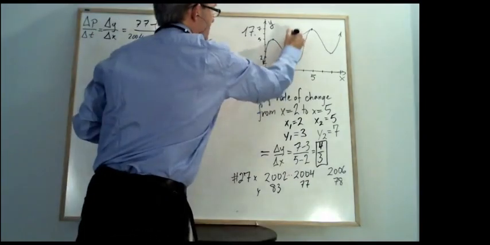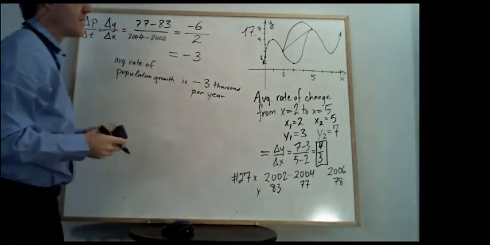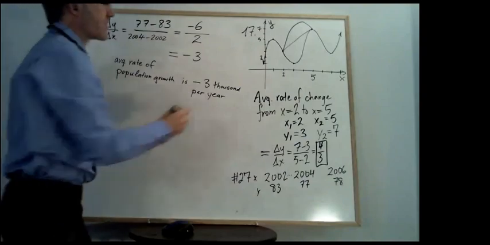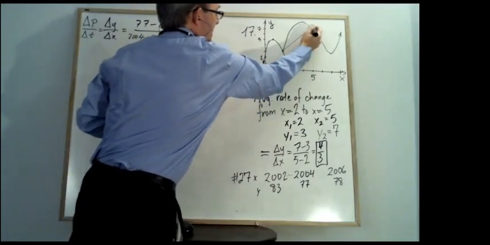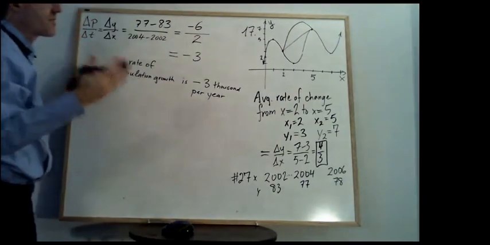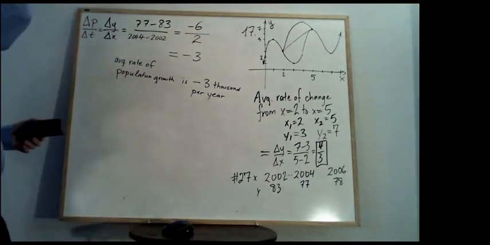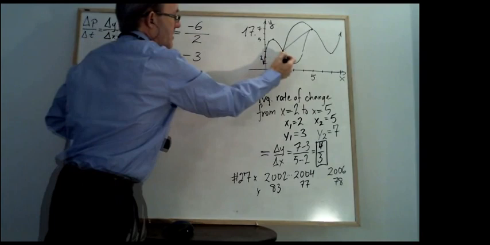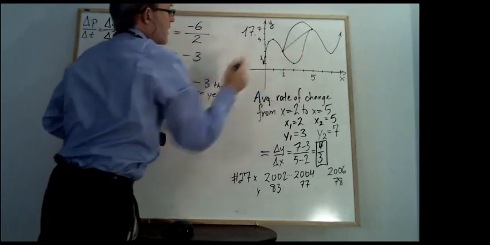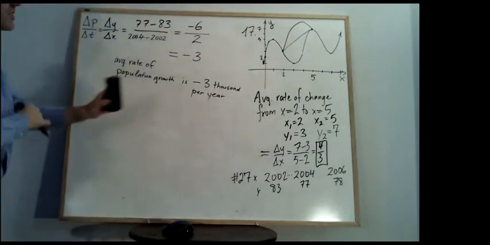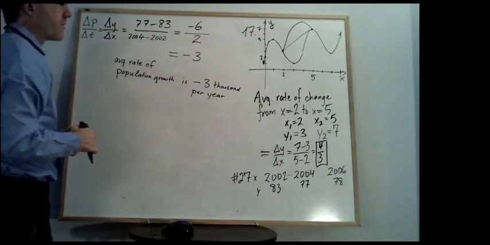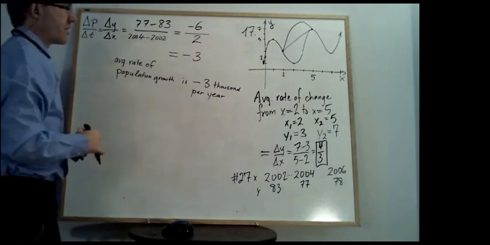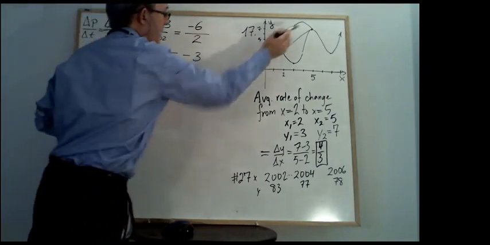It could be going up and then down. That doesn't matter as long as the endpoints are fixed, and then the slope of the line between them is always the same. So average rate of change doesn't describe the function very accurately between the two points. It just describes the relationship between the initial values of x and y and the final values of x and y.